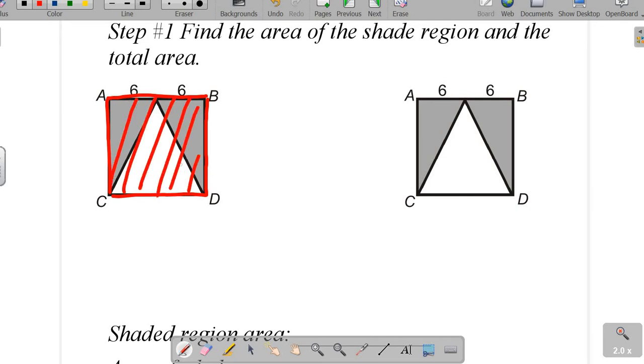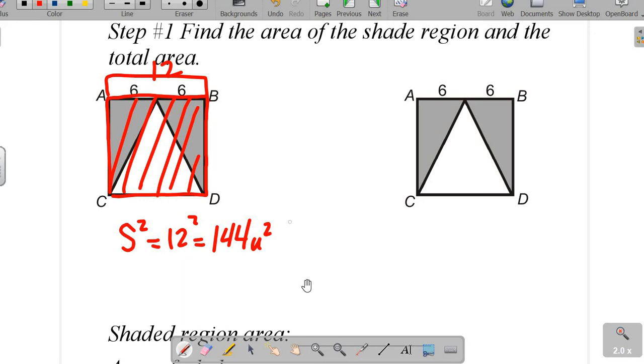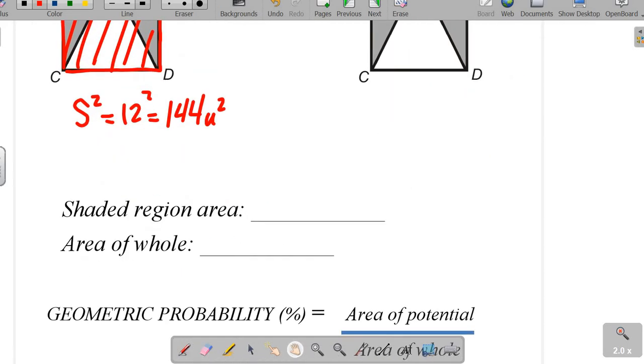The entire square is 12 times 12, side squared, 12 squared. That's 144 units squared. So the area of the whole is 144 units squared.